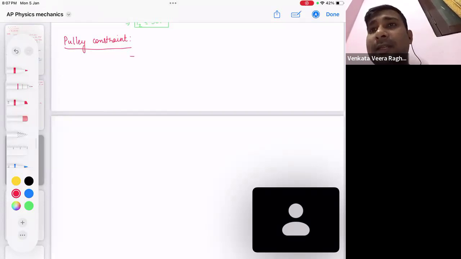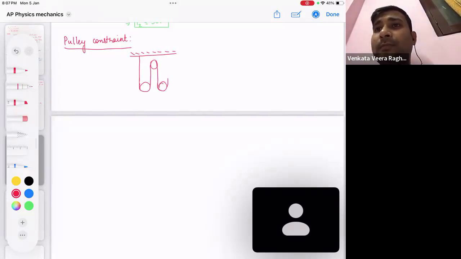Let's take an example here and try to understand the pulley constraint. In this example, this is how the pulley is given to us, something like this. And let me make one more.